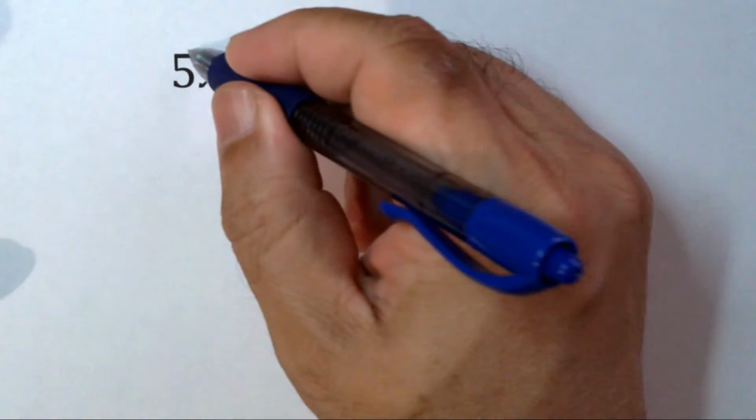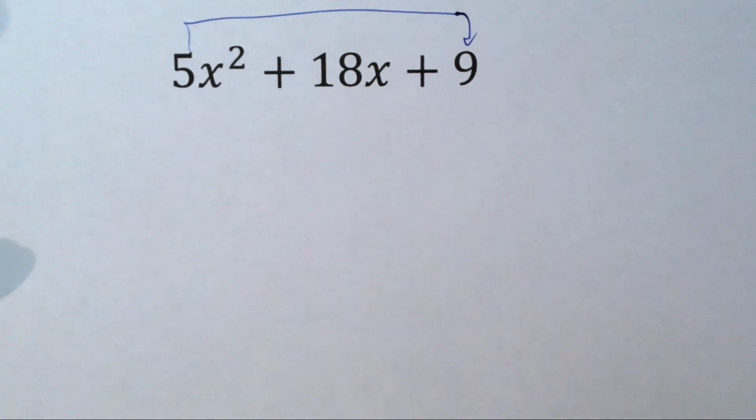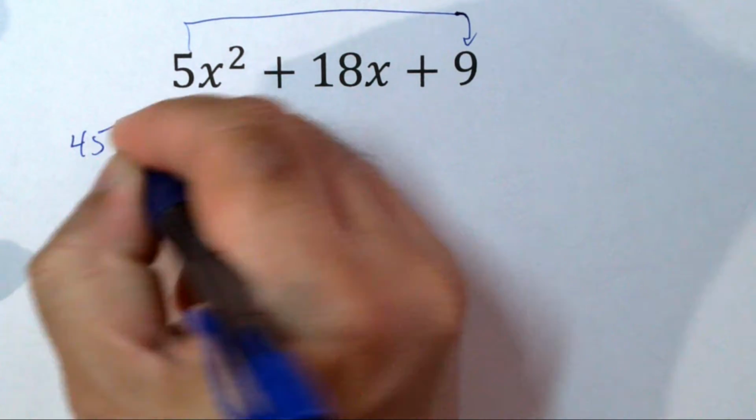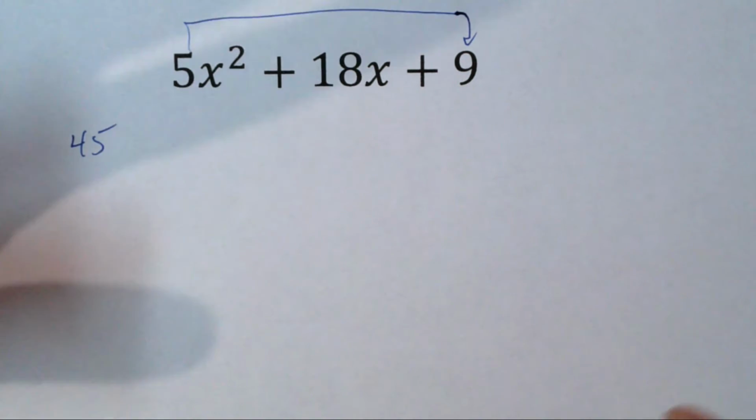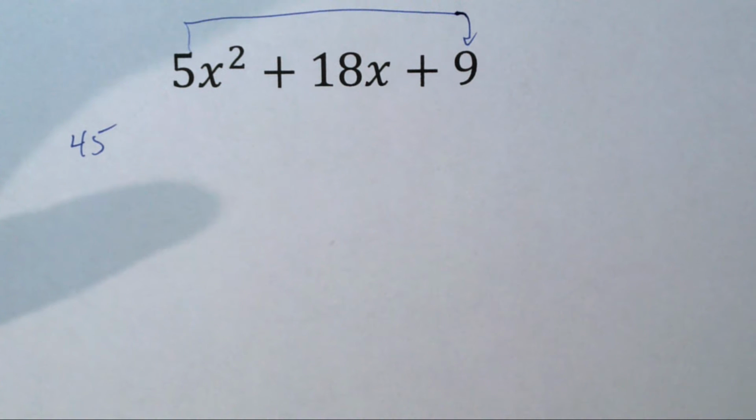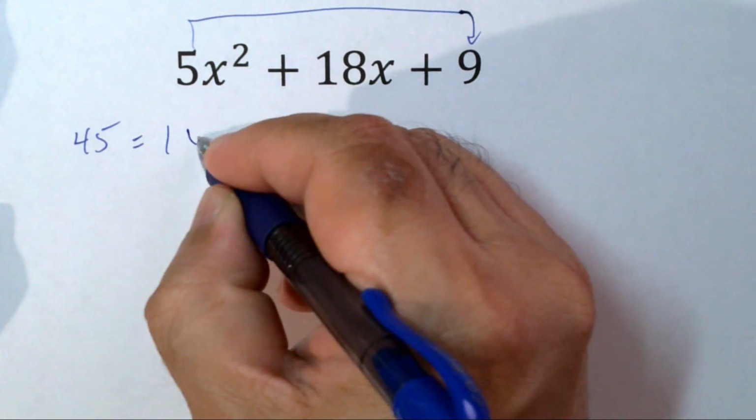Now you take the first number and multiply it with the last number. That'll give you 45. Now, this one is not as easy as the last one. When it's tough and you just get lost, if you don't see it from the beginning, just go through the process.